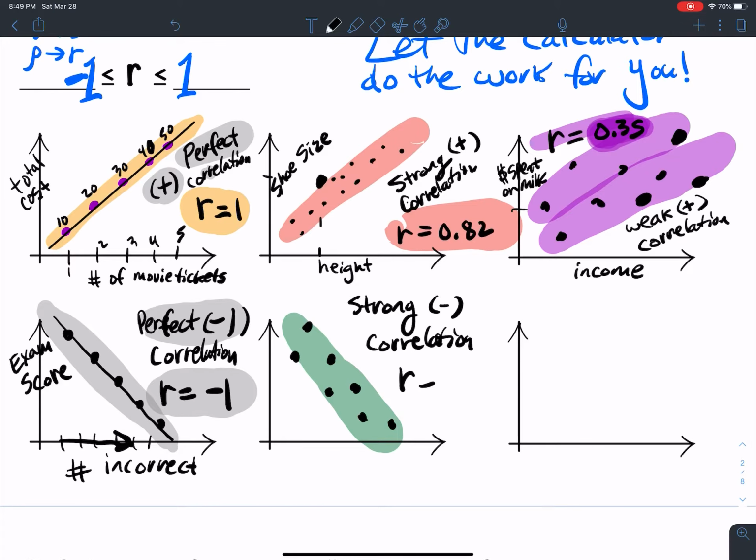Maybe an R of like -0.91. The negative tells me I'm going in a negative trend, so this might be the number of absences versus your test grade. What I've seen over the semesters is the people that miss more classes end up making a pretty bad grade.